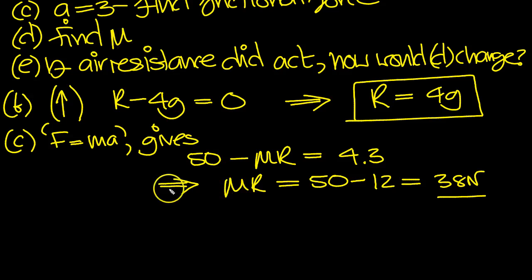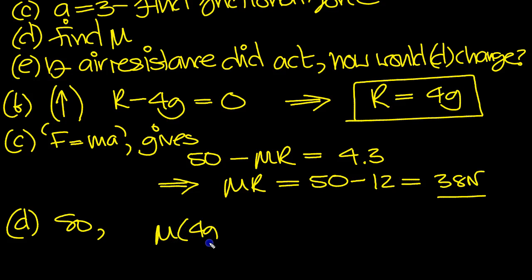Let's see. Now find mu. So D. So mu R, R is 4g, so mu times 4g is equal to mu R, put that in there, is equal to 38. So it tells us that mu is equal to 38.